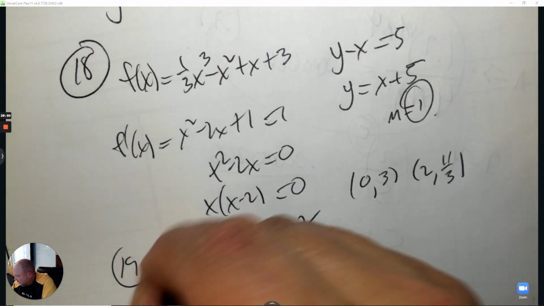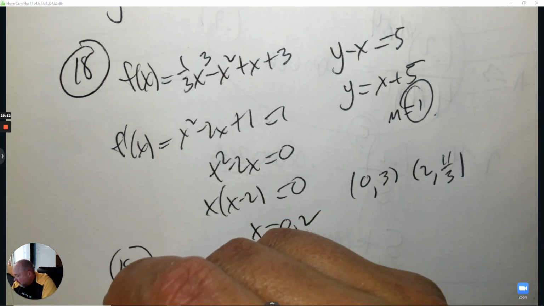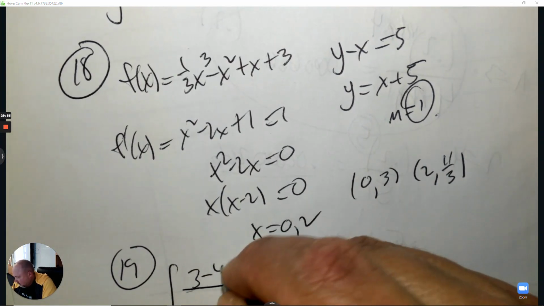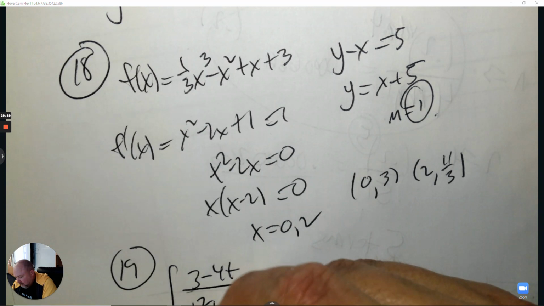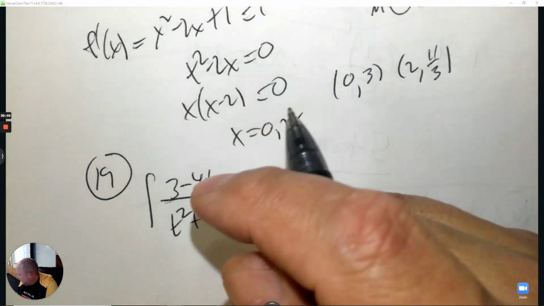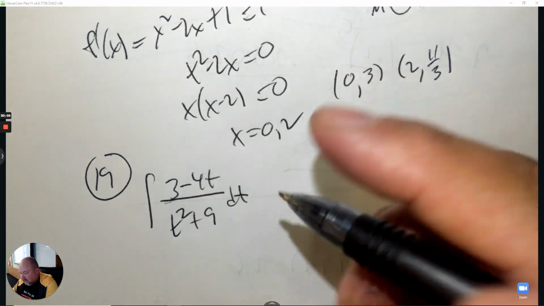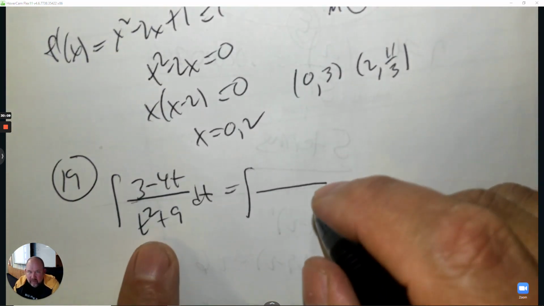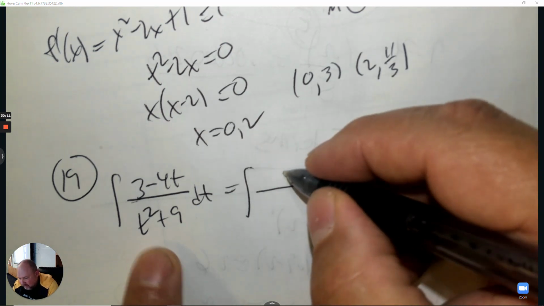Number 19. Integration. We're going to separate this. I can't take the factor at the bottom, so I have to go a different method.